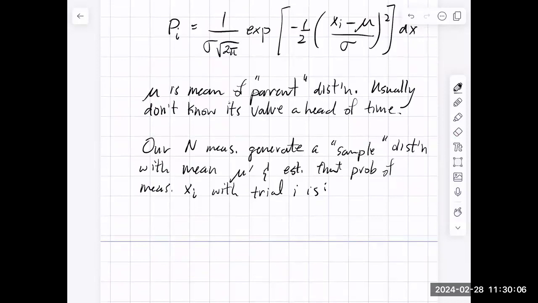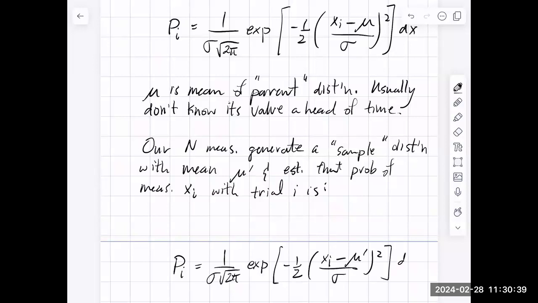We're going to say, look, I don't actually know what the true mean is, so I'm going to put in a mu prime, which is going to be some estimate of the mean based on the data that we have. Okay, so Pi will be the exact same expression, minus 1/2 xi. The only thing we're going to change is we just have an estimate of what we think the mean might be.